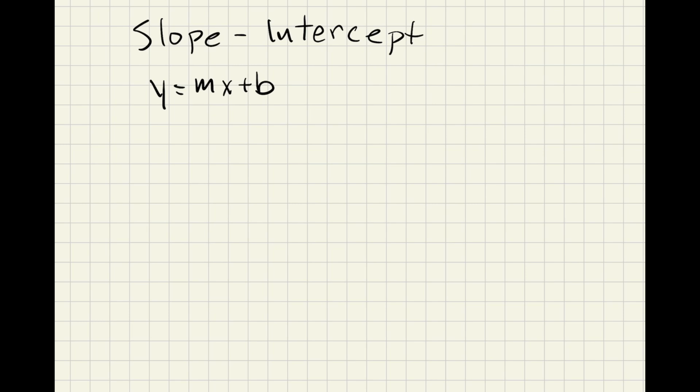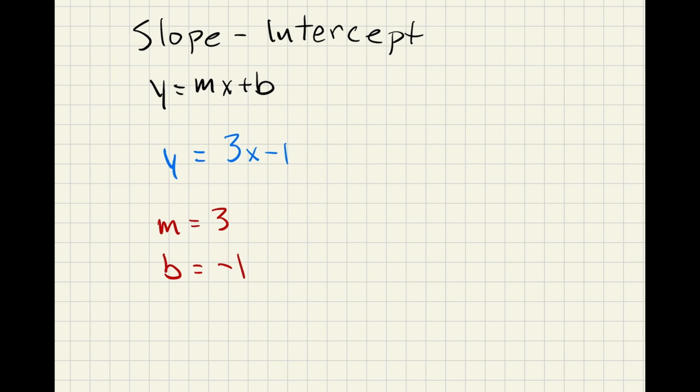So let's go ahead and set up an equation. Let's do y is equal to 3x minus 1. So here, our slope is 3, and our intercept is negative 1. Now we can plug in whatever value for x we want and find the corresponding y value.